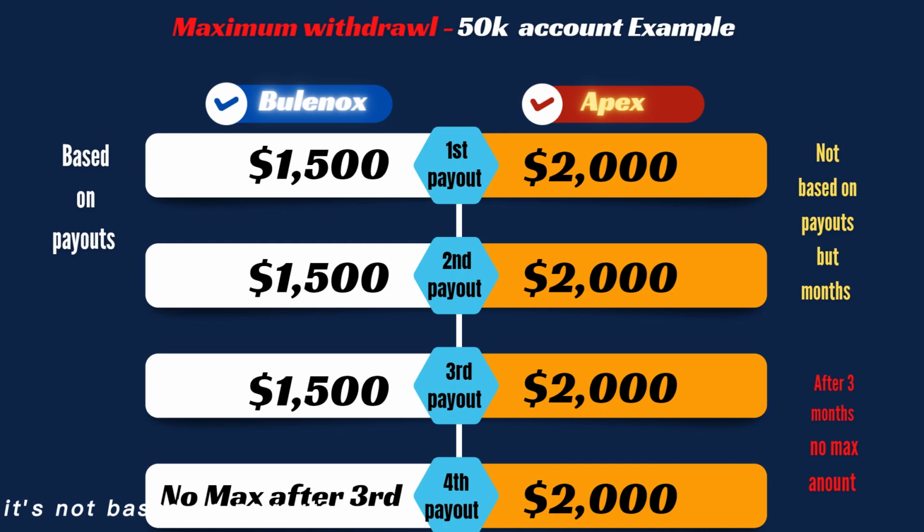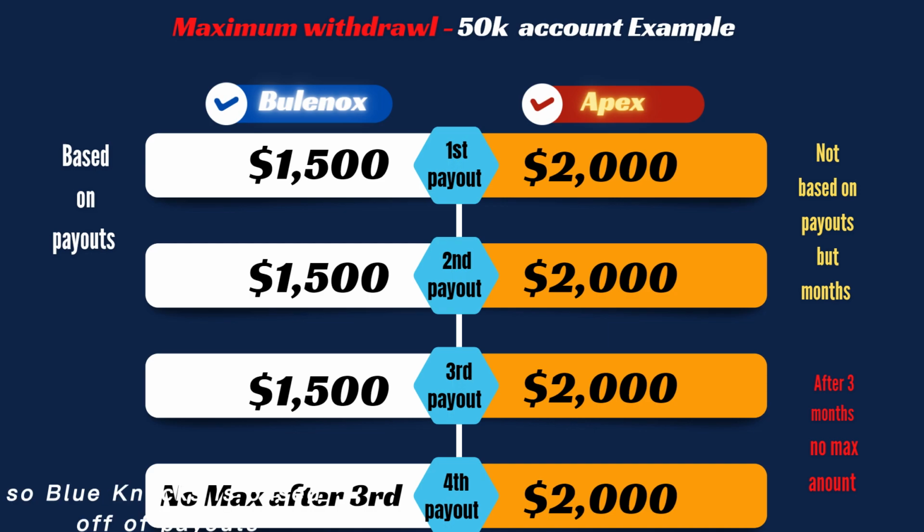Let's go to Apex here. Apex is different. It's not based on payouts, but it's based on months. So you're looking at 3 months, and then on the fourth month, you can withdraw as much as you want. Theirs is a little bit higher though. The first payout's 2,000, second payout's 2,000, and so on.